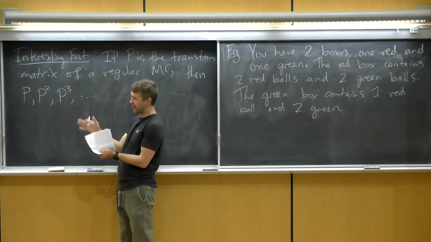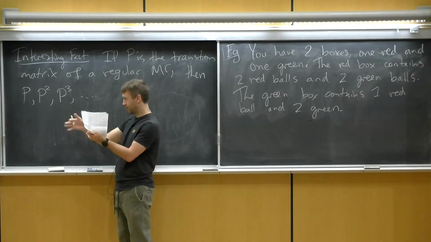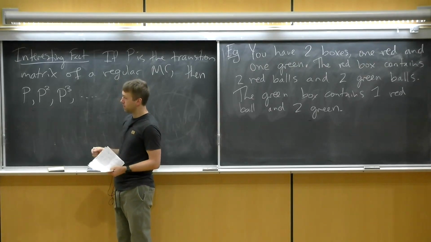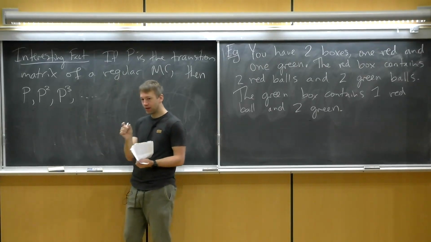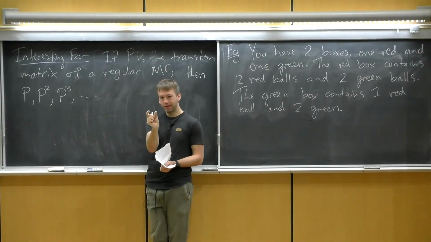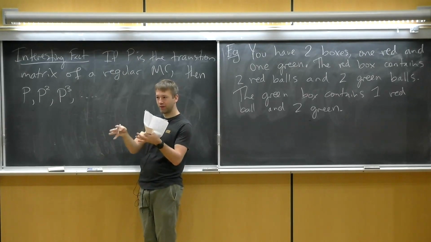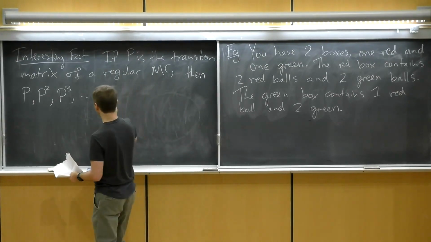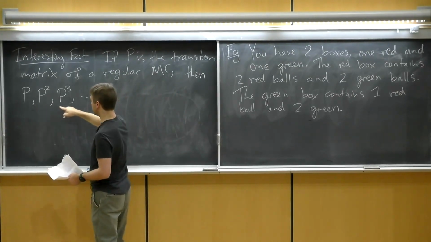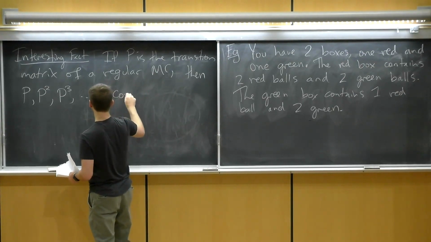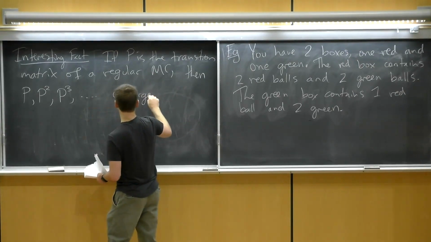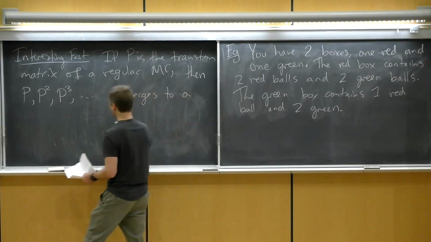Each of these will be a k by k matrix. And basically, if you look at the values in the entries, they all get closer and closer to a certain value. So what I mean is this sequence converges to a matrix.